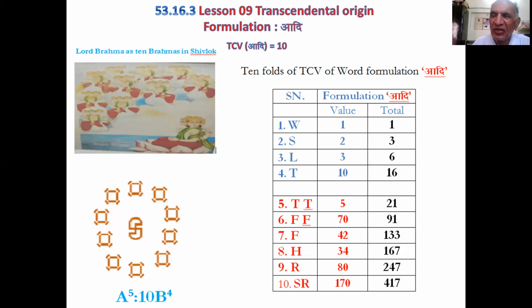The sadhakas fulfilled with intensity of urge to be parallel with Vedic systems, to be of the order of the Brahman domain, shall sit comfortably and permit the transcending mind to glimpse the 10 internal folds of formulation Adi of TC value 10.